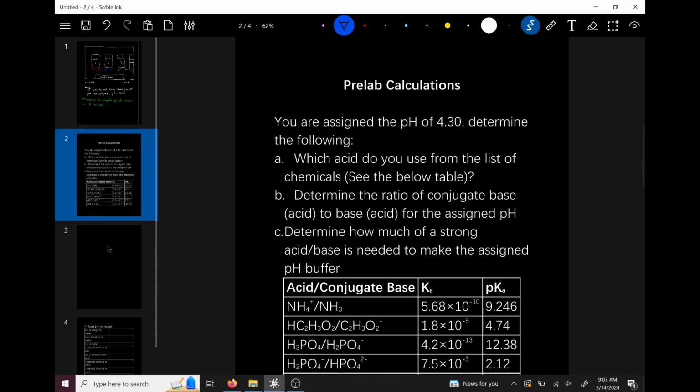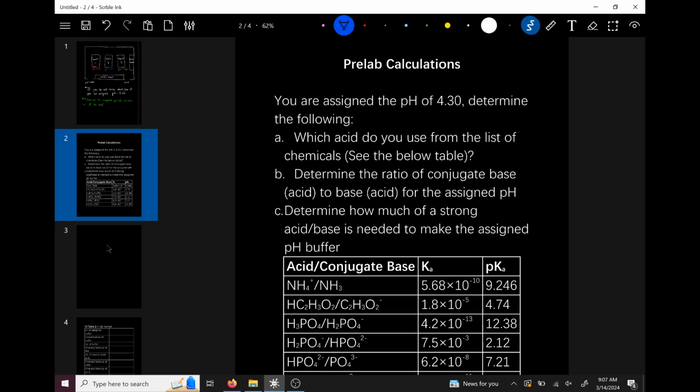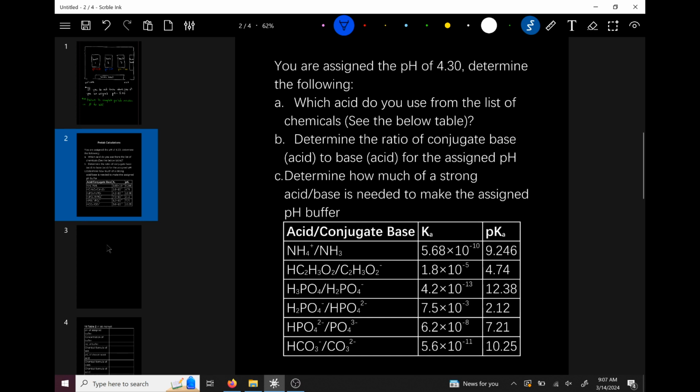Tangent over. You're assigned the pH of 4.30. Determine first which of the following acids or bases you use from the table below to make the assigned pH.